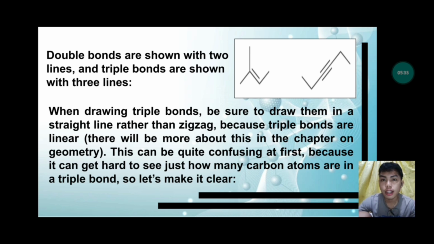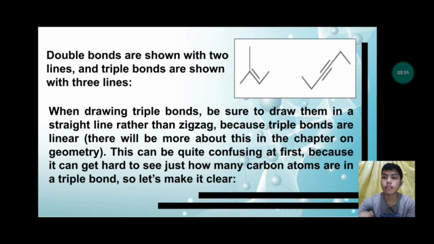The picture on the right side is the triple bond. When drawing triple bonds, be sure to draw them in a straight line rather than zigzag, because triple bonds are linear. There will be more about this in the chapter on geometry.